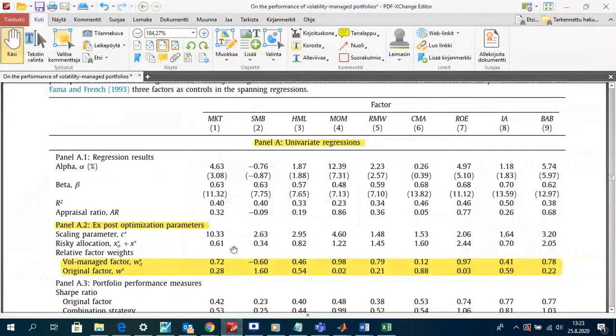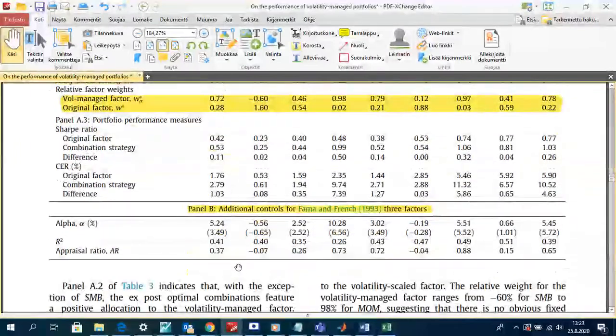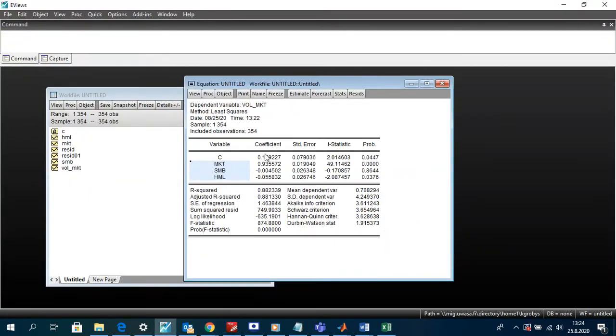And this is basically also in line with what they have reported here. So they have an annualized point estimate of 5.2, and what we have is the monthly one.